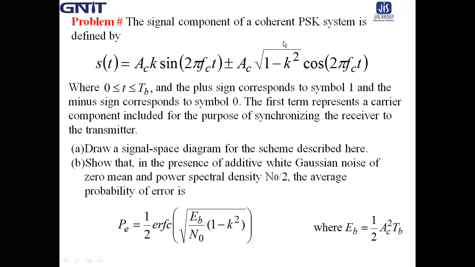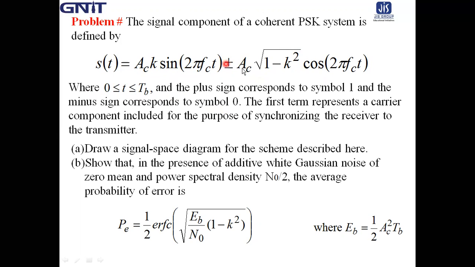The signal component of a coherent PSK system is defined by s(t) equal to Ac k sin 2 pi fc t plus or minus Ac times square root of 1 minus k square times cos 2 pi fc t, where t belongs to 0 to Tb.